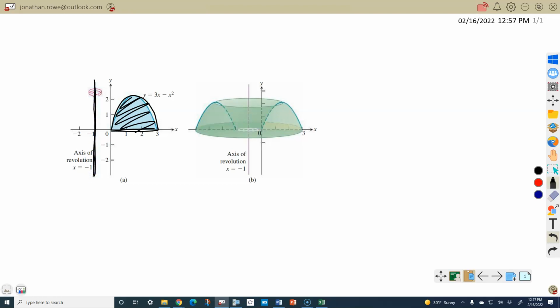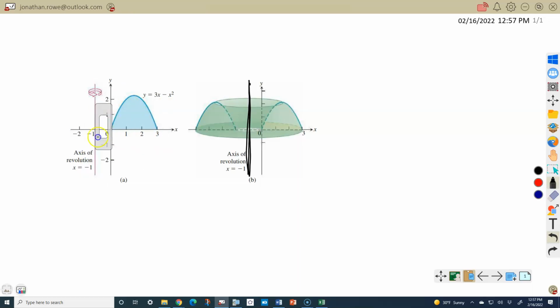So it's not rotating around the x-axis or the y-axis, it's rotating around the line x equals -1. You can see that much better over here. It almost looks like a jello mold or a bundt cake. That's what we're trying to figure out the volume of.